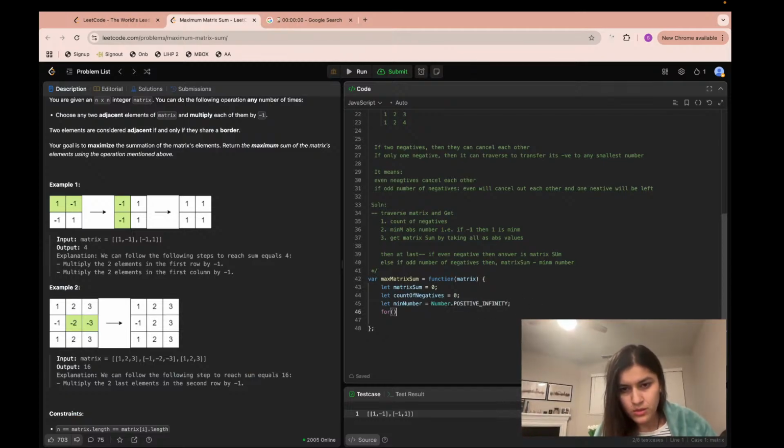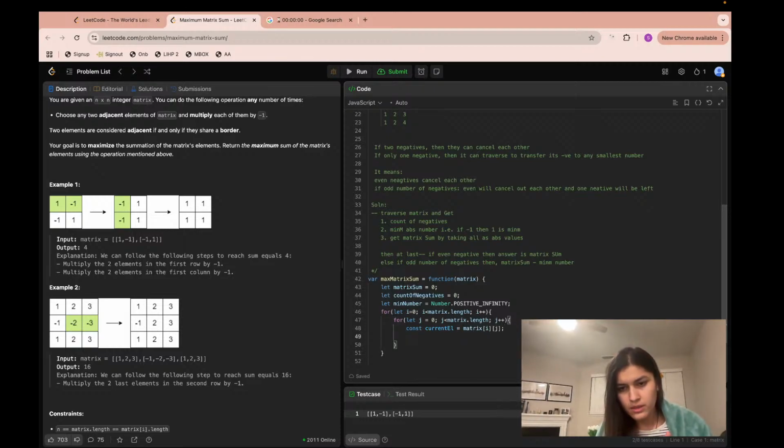Now for let i equal to 0, i less than matrix.length, i plus plus, for let j equal to 0, j less than matrix.length because it is an n times n matrix, j plus plus. So first row, first column, matrix[i][j] will be my current element, right?